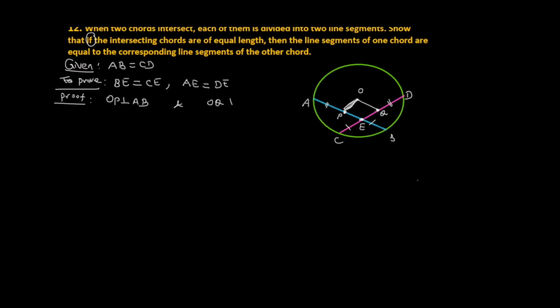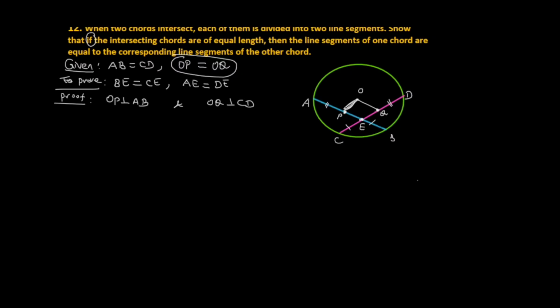Two chords are equal in length, so their distances from the center are also equal. Given AB is equal to CD, OP is the distance from the center to chord AB, and OQ is the distance to CD, so OP is equal to OQ. Equal chords are equidistant from the center; this is also a point we can get.